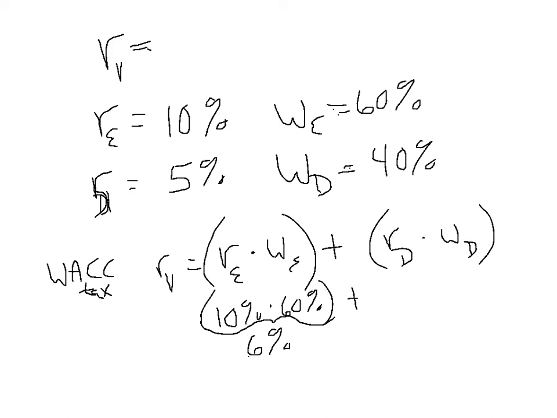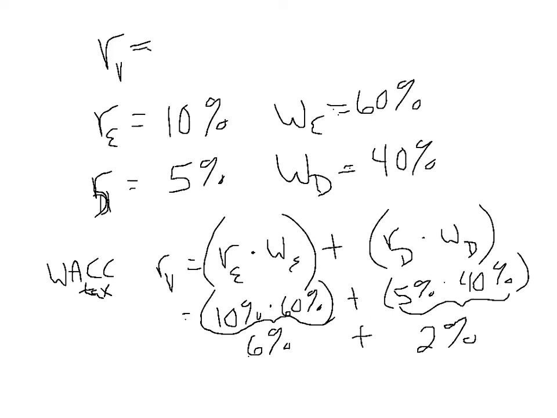Plus, we're taking 5% times 40%, and what does that come up to? 10% is 4, so 2%, right? Yes, 2%. So now we can go down and say that the weighted average cost of capital for this company is 8%. Awesome.